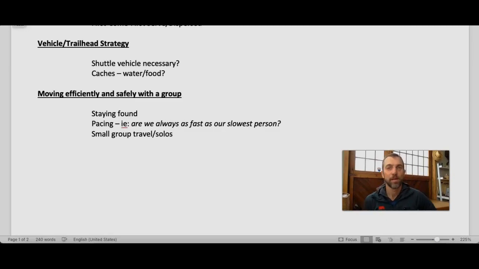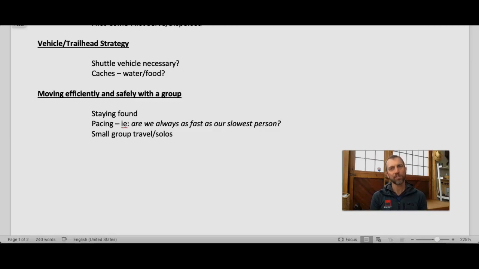And while we're talking about pacing, are we always as fast as our slowest person? And this is something that's come up a lot in my career, and that is, it's very hard to push someone faster than they're comfortable or able to go. And then there's always the group members that feel like they haven't pushed themselves or they haven't met some physical goal or objective.